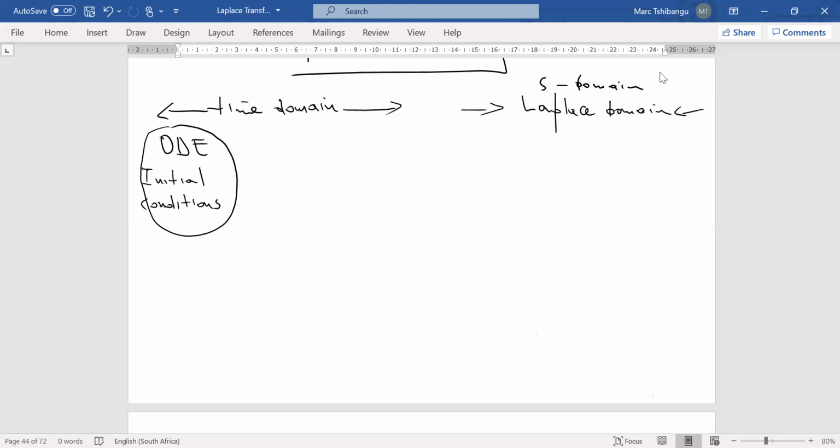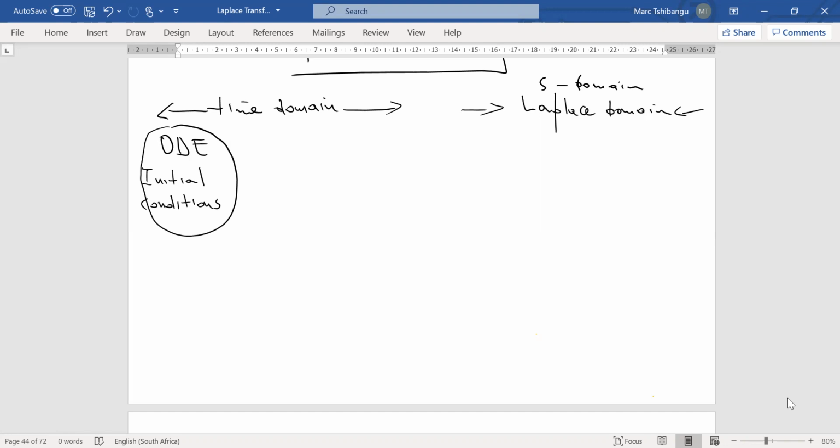If the ordinary differential equation is linear, you can go straight away and take the Laplace transform. However, if it is nonlinear, your task will be to linearize it before you can take the Laplace transform, because the Laplace transform can only be taken for a linearized or linear differential equation. That's very important to note.